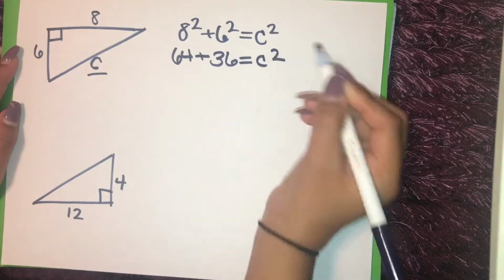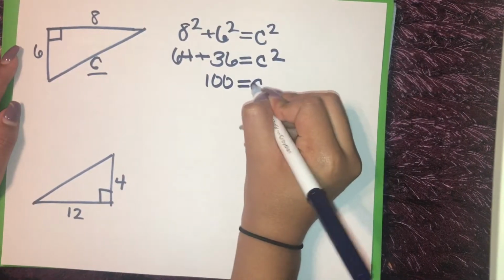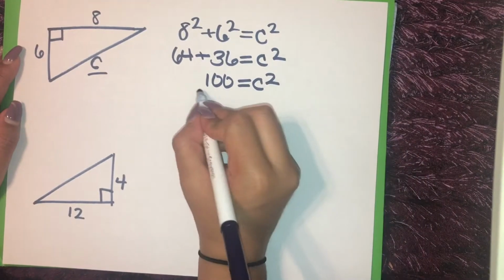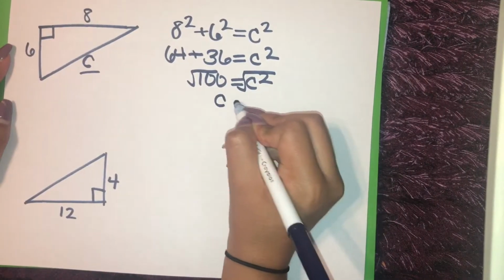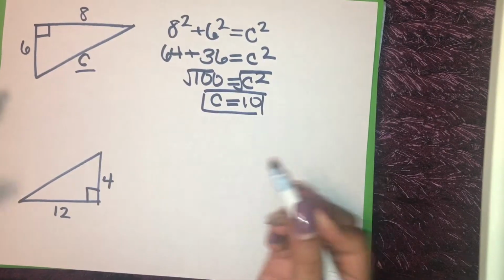Then you will continue adding a and b, making it 100 equals c squared. Then you would radical both sides, making c equal 10, our unknown side.